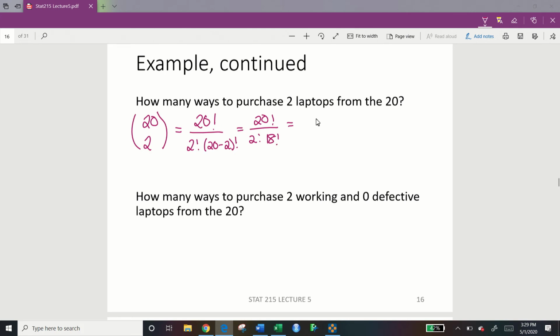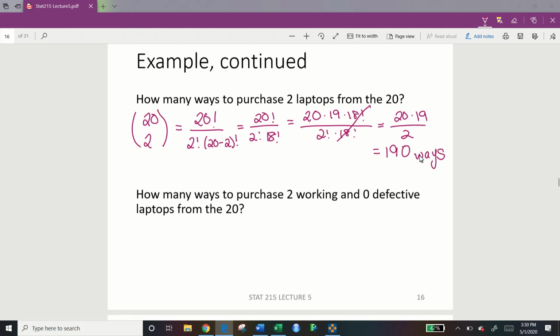Simplifying, this gives us 20 times 19 times 18 factorial over 2 factorial times 18 factorial. I know 2 factorial is just 2 times 1, so I'm going to leave this as 20 times 19 over 2, which gives us 190 ways. That's quite a lot when you think about it.